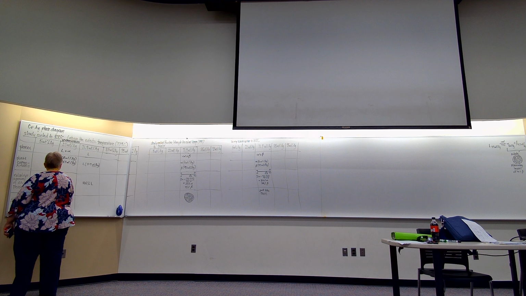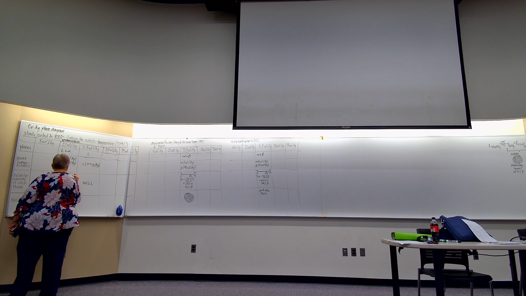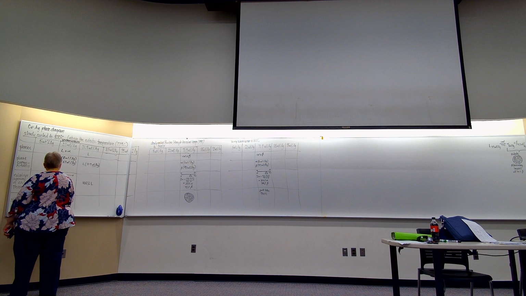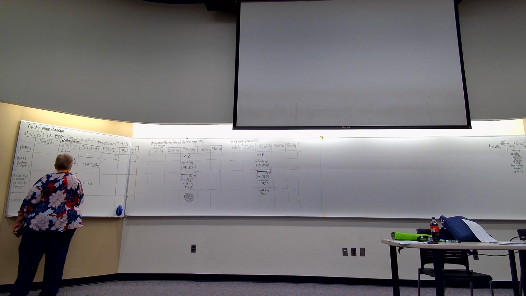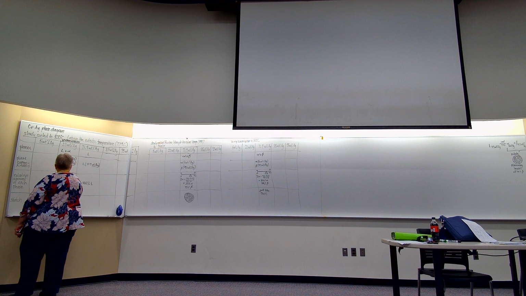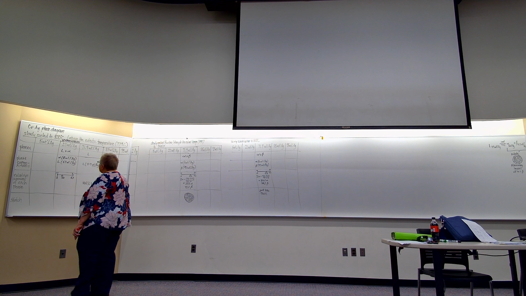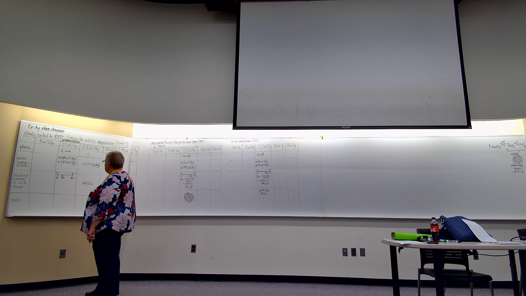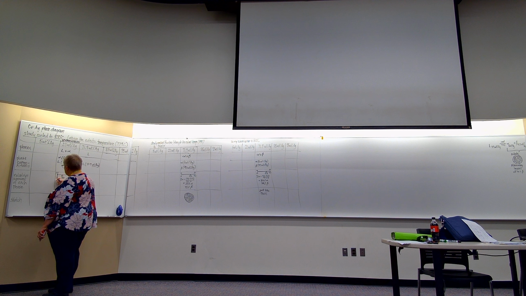So to calculate the relative amounts, my line goes from 8 for alpha to 67 for liquid, and I'm at 20. And so the percent alpha is 67 minus 20 over 67 minus 8.